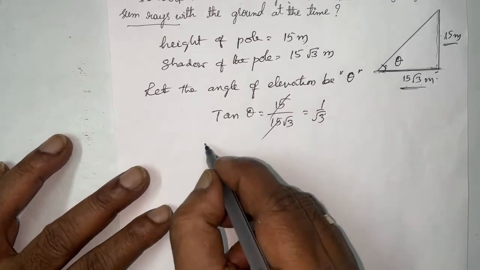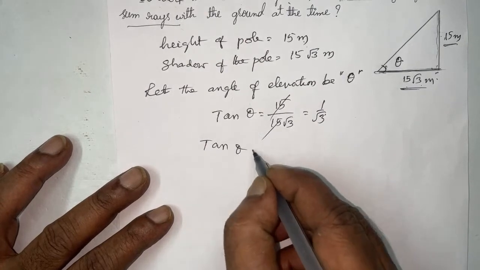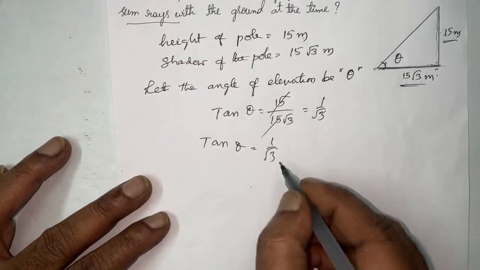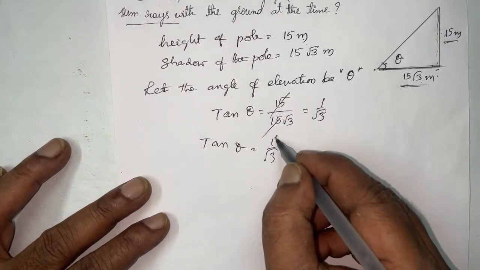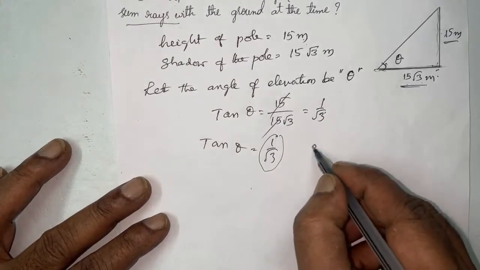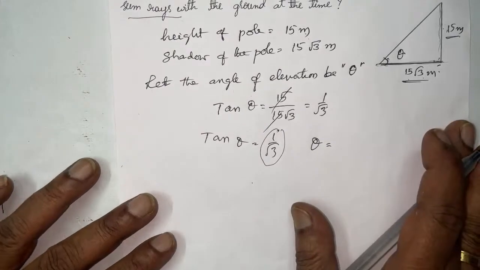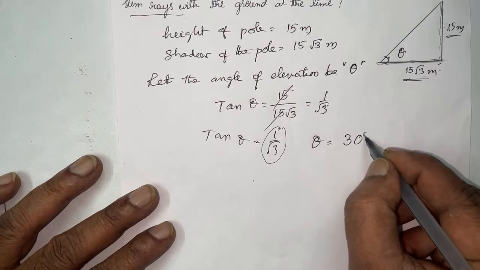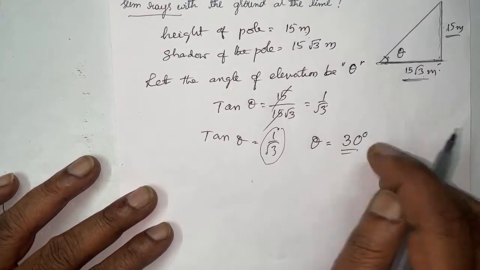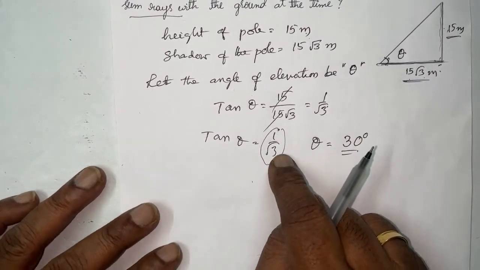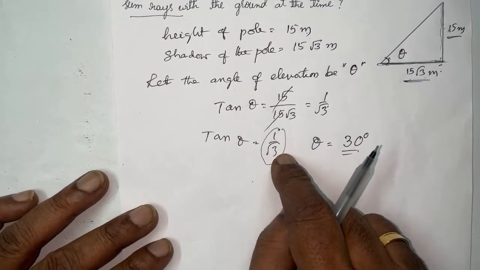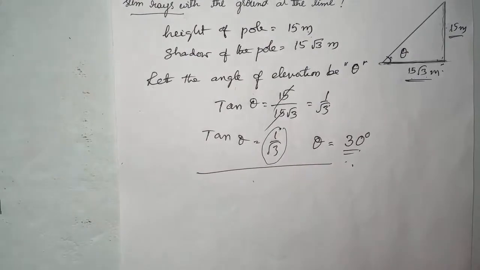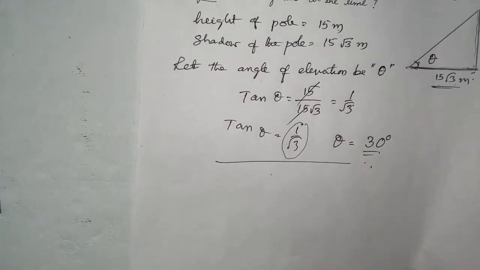When do we get the tan theta value as 1 by root 3? When theta is equals to 30 degrees. That means tan 30 value is nothing but 1 by root 3. So this is the interesting sum to find the angle of elevation.